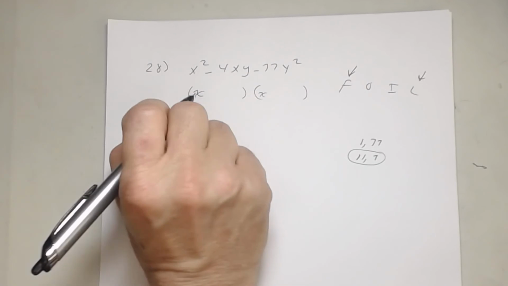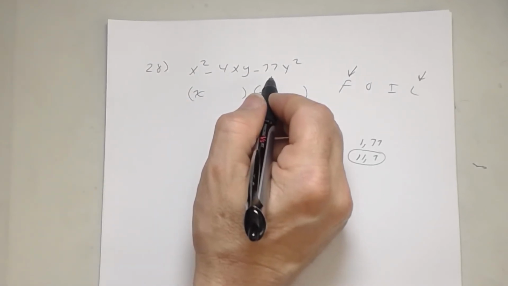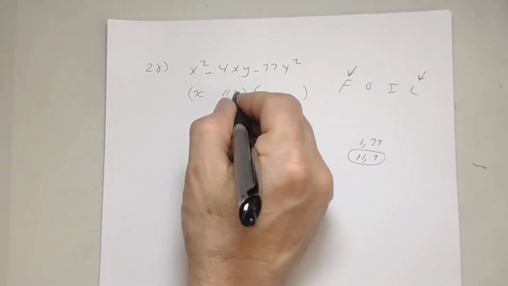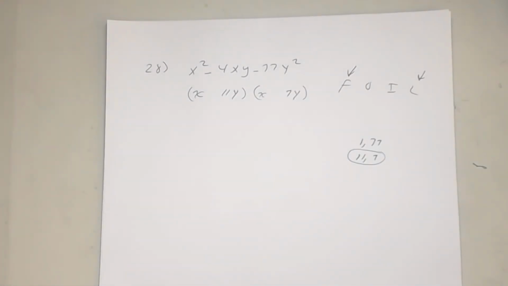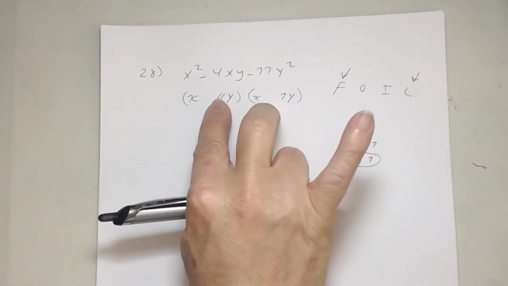But remember, it's not just 77, it's 77y squared. So I really need to say 11 what? 11y and 7y. And it's going to be x minus 11y and x plus 7y. That's correct. So the last sign's negative, so in order for this to be negative 77y squared, one has to be positive, one has to be negative.